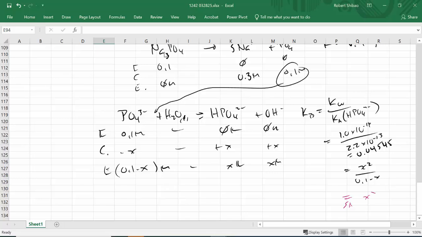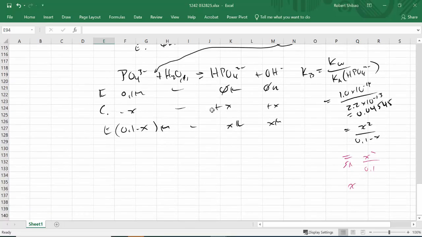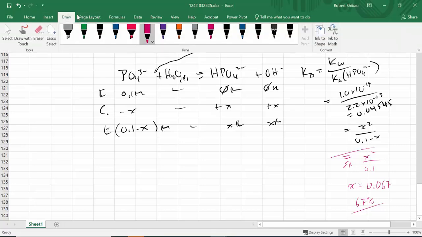This is going to be X squared over 0.1, and so therefore X is equal to Kb times 0.1, and then take the square root of that. And so I get X is equal to 0.067, which is 67% change. So it failed. So I have to use the quadratic here.